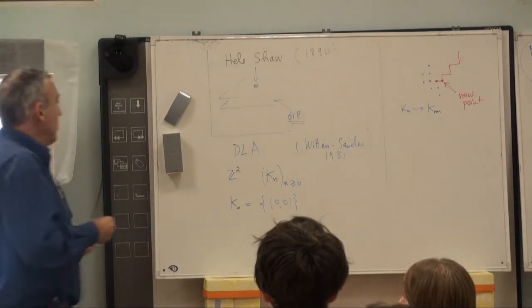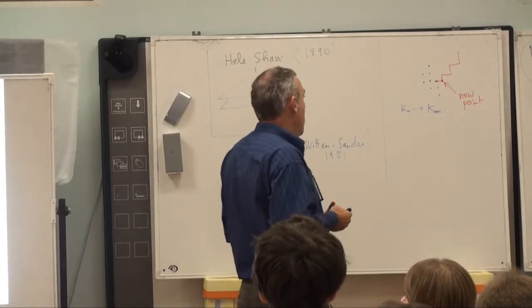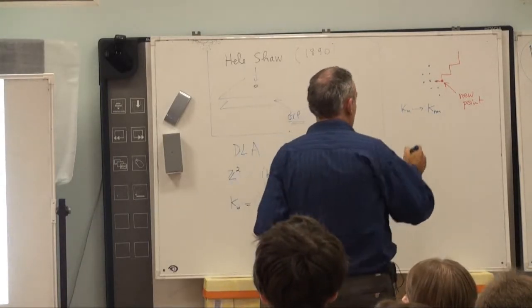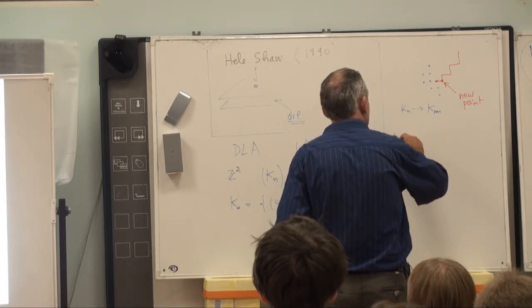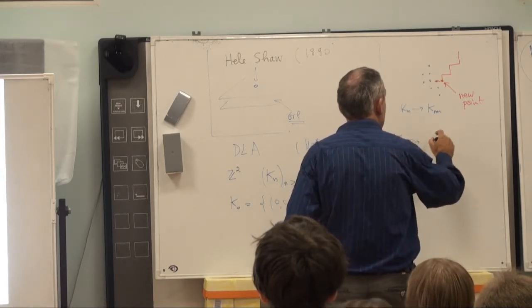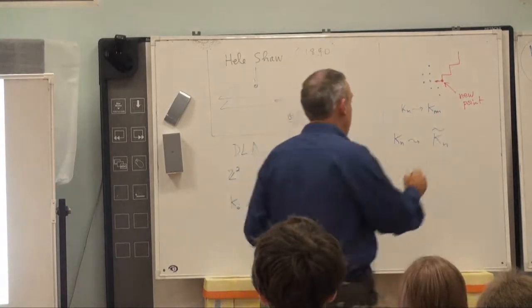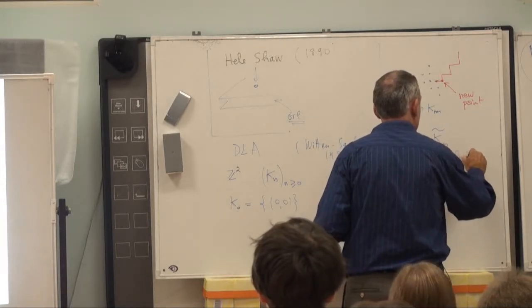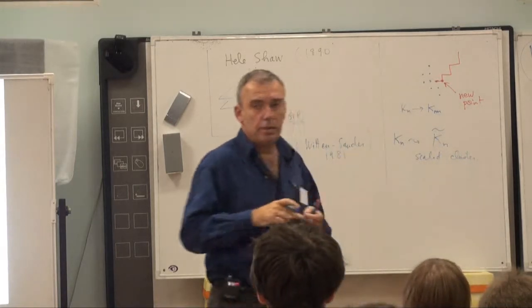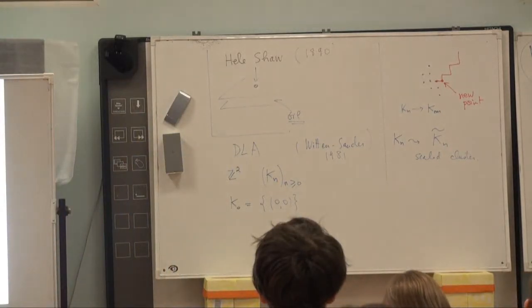So we can ask several questions about DLA. So for instance, you have this cluster Kn, and you can scale it, call it, let's say, Kn twiddle. This is a scaled cluster. I will show you later how to exactly scale it.